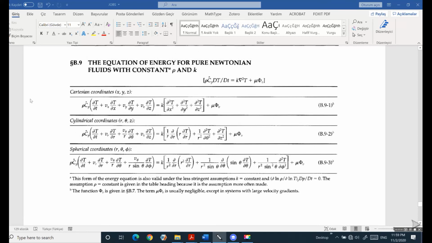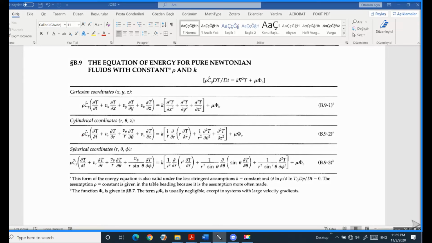Since we are in a steady state situation, this is going to be zero in time, and our vr and v theta are zero. That's why this term is zero, and this term is going to be zero. Finally, from here we obtain rho and Cp, the constant pressure heat capacity, times vz, which is not constant and we obtain from the equation of motion, and the partial derivative of T with respect to z.